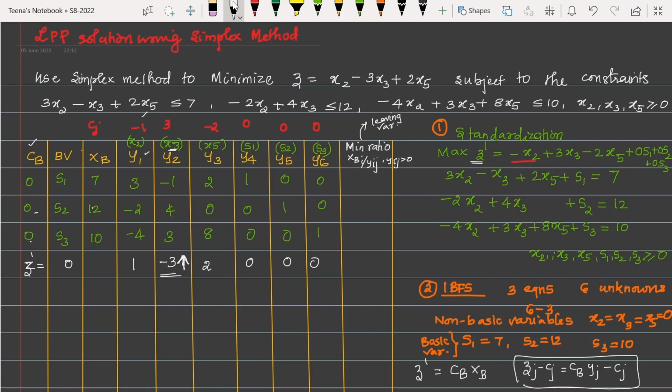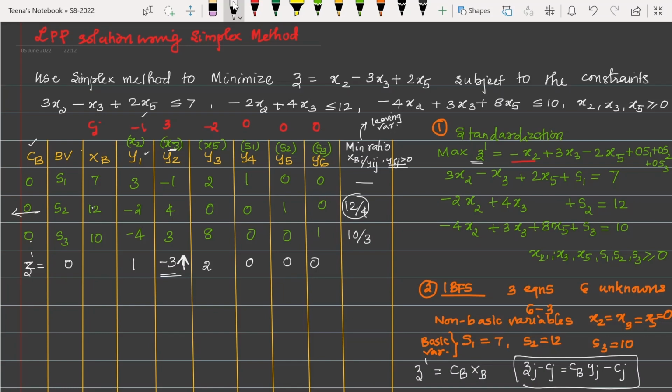So 7 by minus 1, that is not possible because yij should be strictly greater than 0. Then the next ratio is 12 by 4, which equals 3. The next ratio is 10 by 3. So we have three ratios: the first is invalid, the second is 12 by 4 and the third is 10 by 3, and we know that 12 by 4 is the minimum ratio. So correspondingly the second variable S2 leaves the basis.